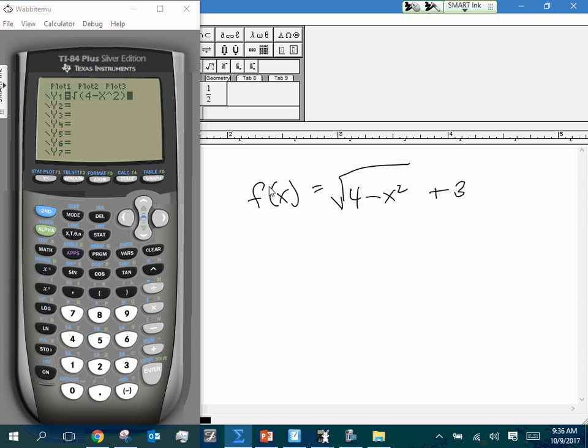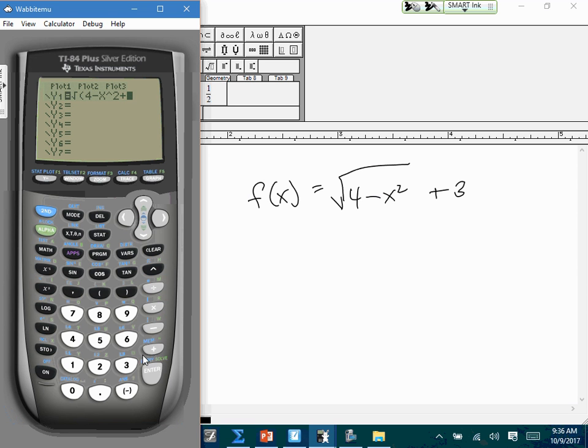If I forget the parentheses and do that, that is going to be incorrect, because that plus 3 needs to be outside of the square root, which would still be outside of the parentheses.